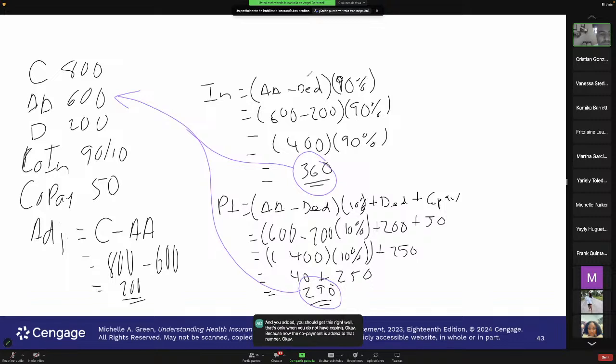So if you minus the co-payments, then it will be that. So the patient pays three things: a percentage of the allowed amount, their deductible, and their co-payment.